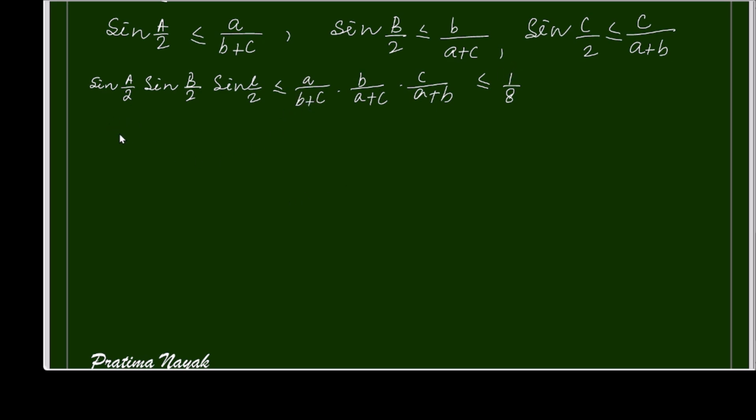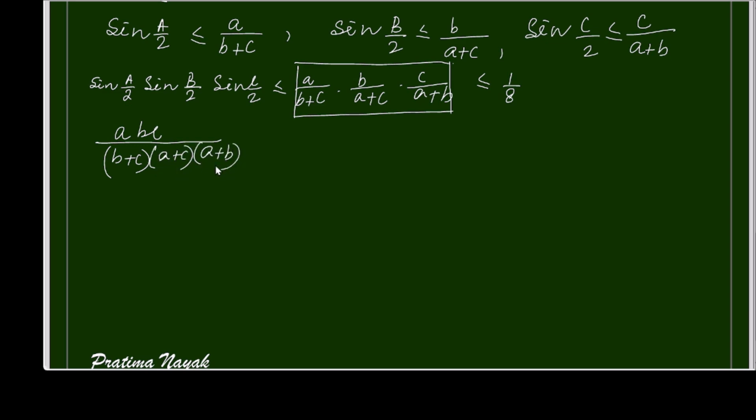Now if we take this product, it is nothing but ABC over (B plus C)(A plus C)(A plus B). For this relation, we will be applying the concept that the arithmetic mean of two numbers is always greater than or equal to the geometric mean.